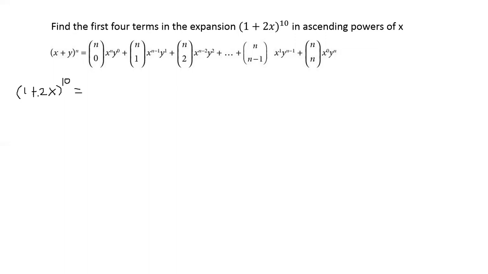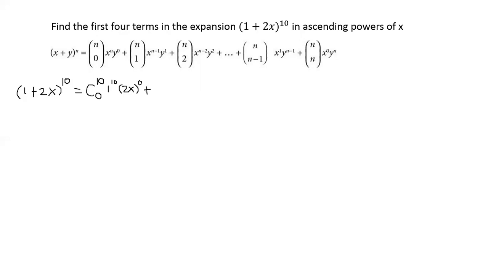According to this rule, the first term is combination 10, 0, times 1 to the power 10, afterwards 2x to the power 0, according to this term.